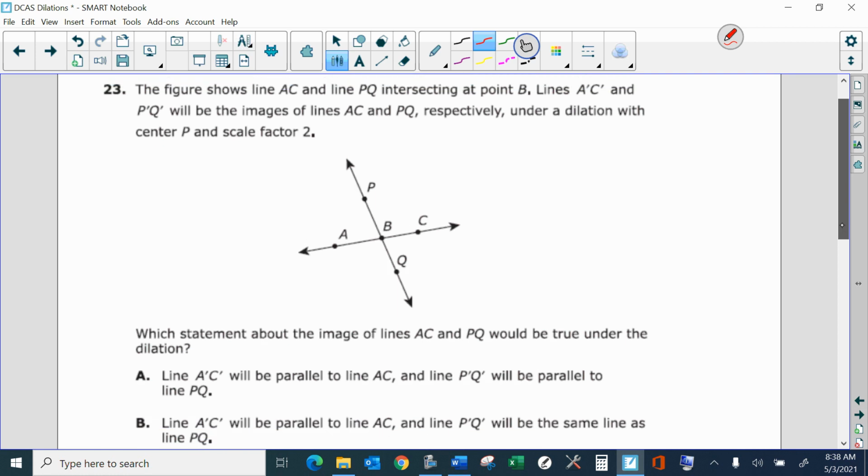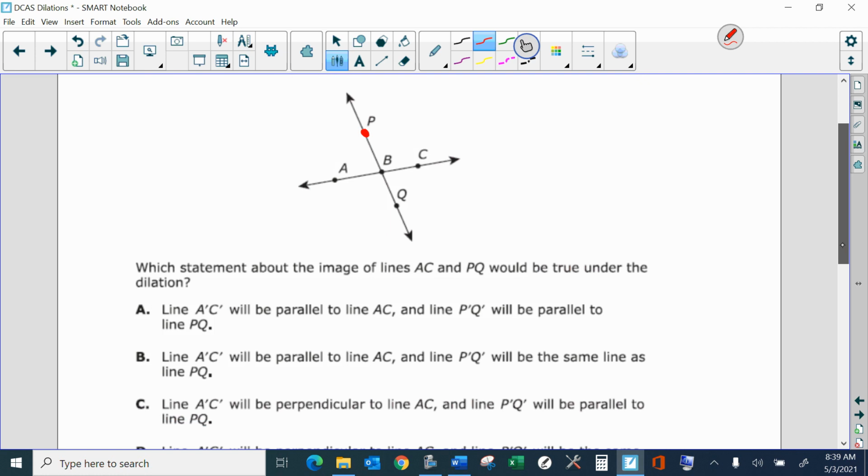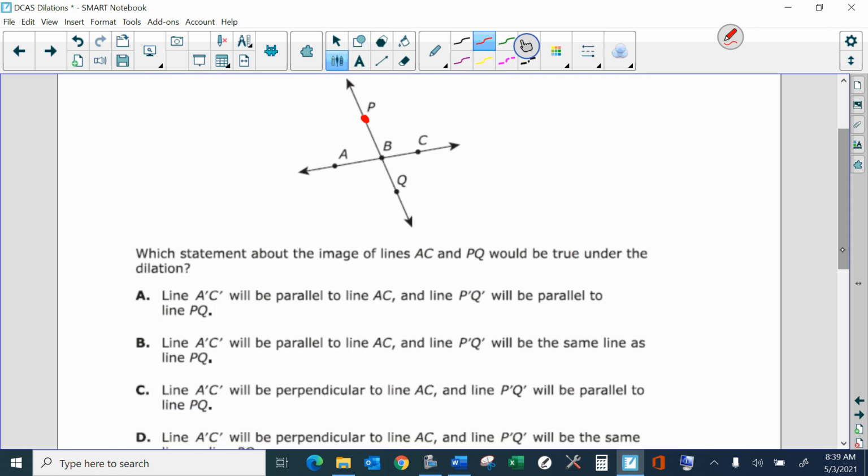Okay, the images of lines AC and PQ respectively under a dilation with center P. Again, line PQ will not change, but line A prime C prime will remain parallel to AC. That's true because of parallelism. And PQ prime will be parallel to PQ.